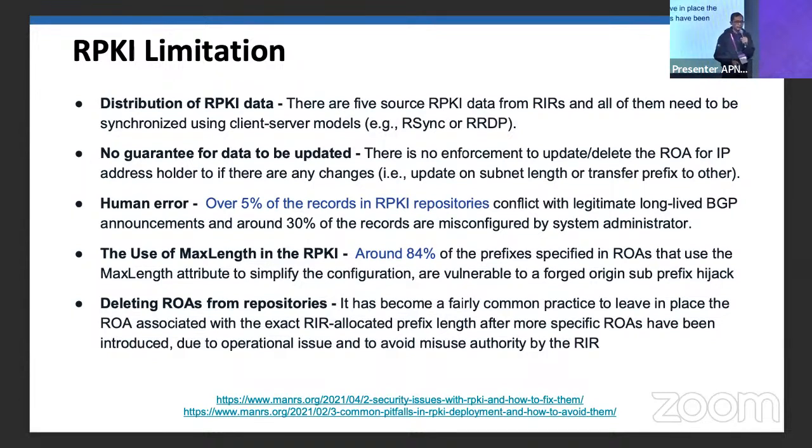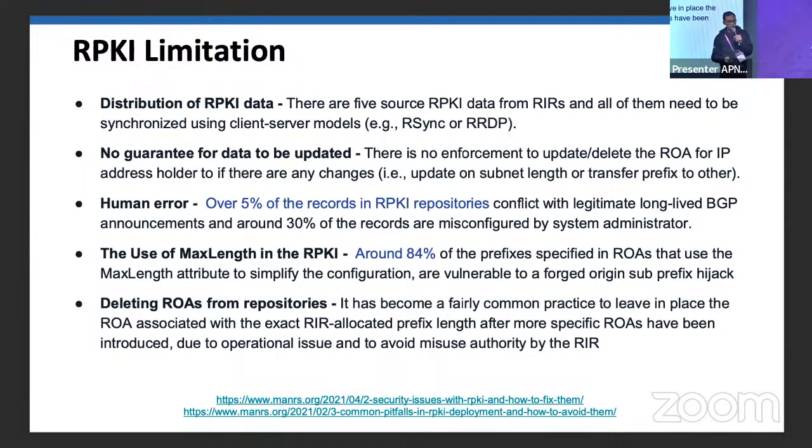The next limitation is no guarantee that the data will be updated, because some people may not change the ROA information if there is a change in the prefix announcement. That can lead into limitation number 3, which is that some of the ROAs actually do not match the route being advertised into the internet. Most of this is because of misconfiguration by the system administrator.